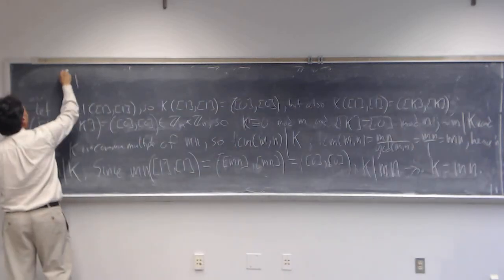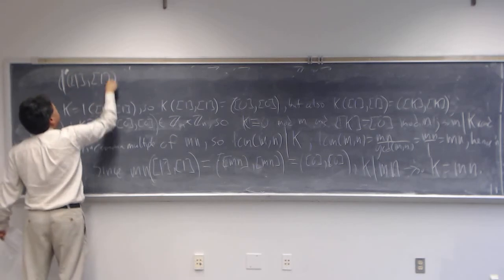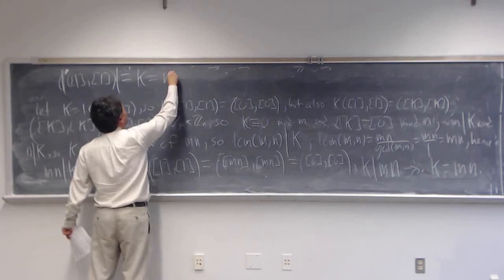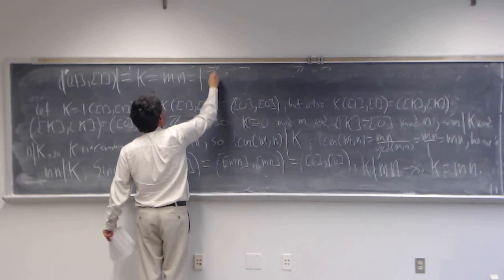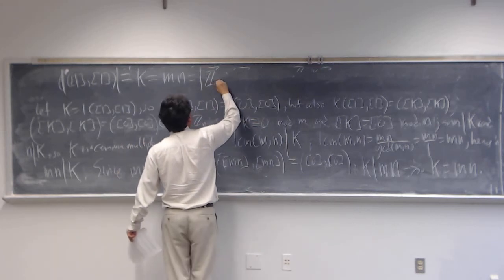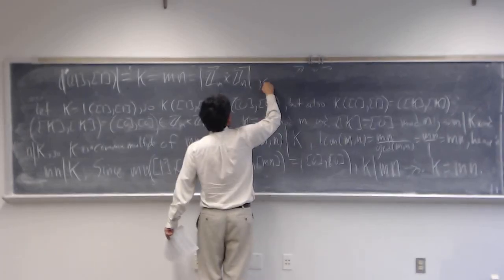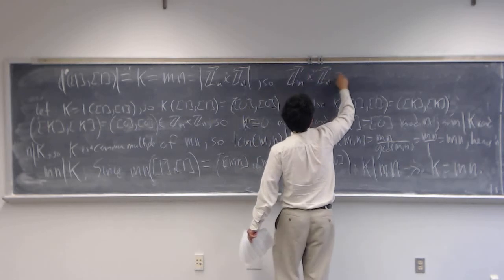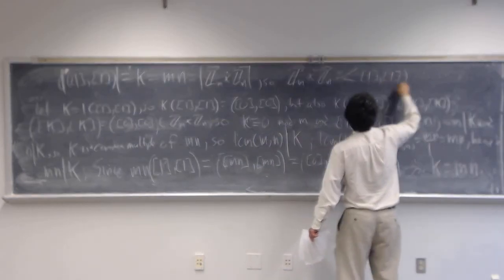So the order of that element we've just shown is equal to k. We'll define it to be k, which we've shown is equal to mn, which is the order of the whole entire group, and so that group is cyclic, generated by a single element.